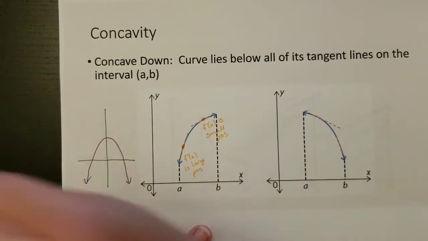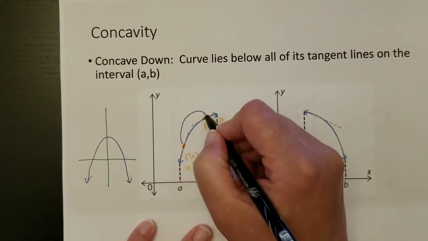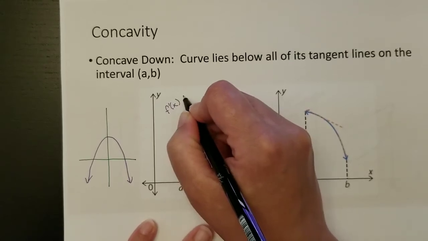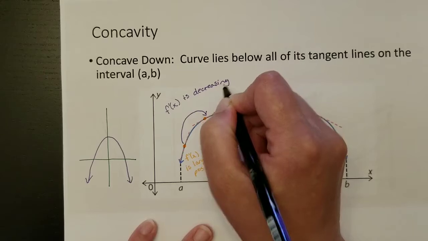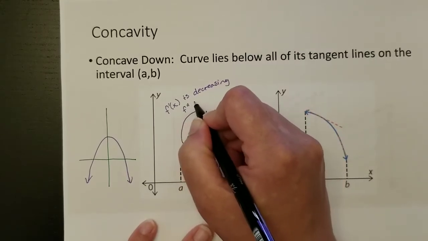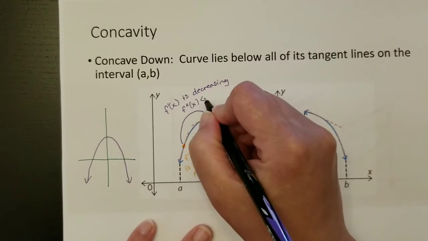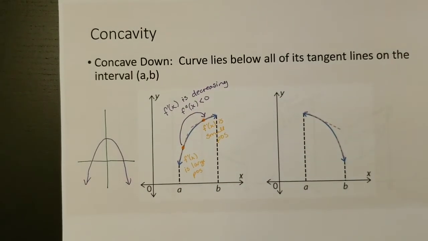So here we've gone from a big positive number to a small positive number. So f prime at x is decreasing. So that means the rate of change is negative. F double prime at x is less than 0 because the derivative is decreasing. The second derivative is negative.